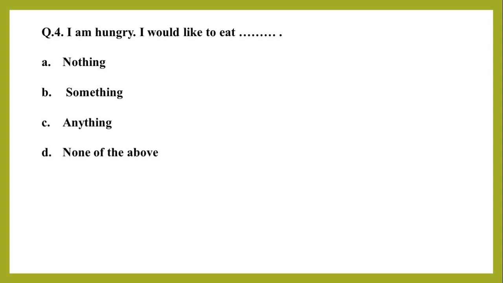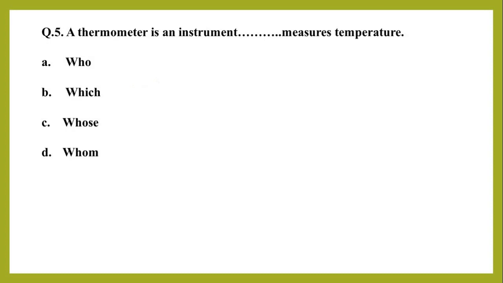Your options are nothing, something, anything, or none of the above. Correct option is something. Fifth is, a thermometer is an instrument dash measures temperature. The options are who, which, whose, or whom. The correct option that will fill this blank is which.